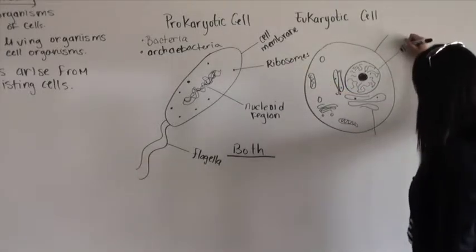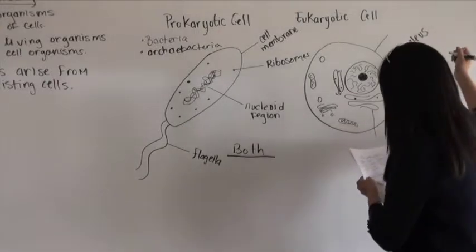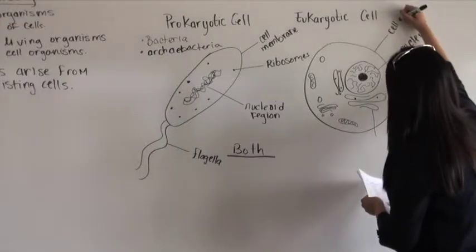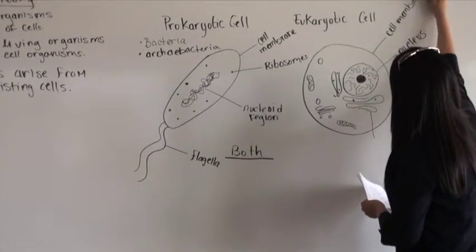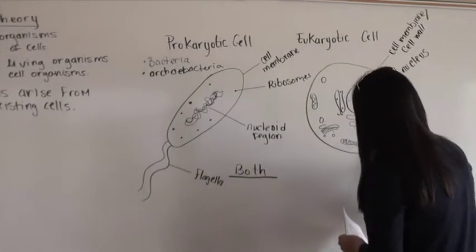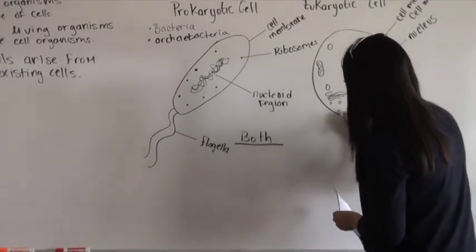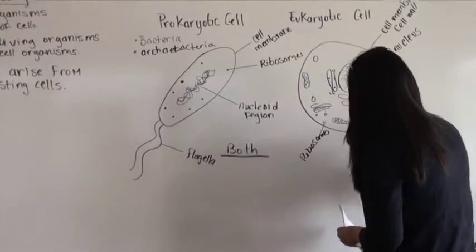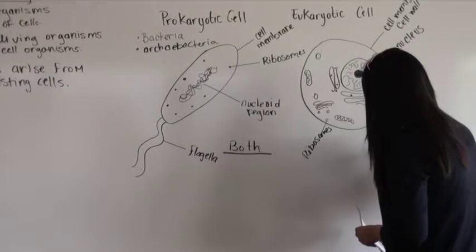So we have a nucleus, and then we have a cell membrane and a cell wall. And we have membrane-bound organelles.